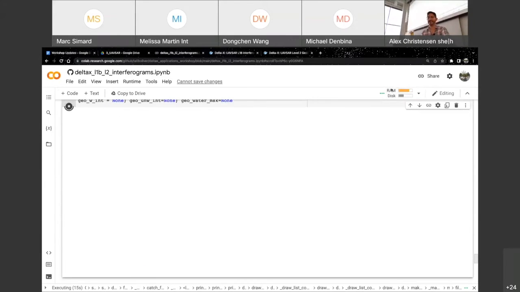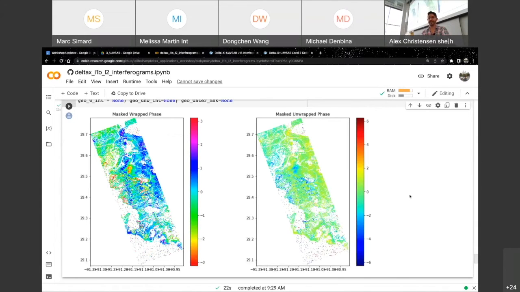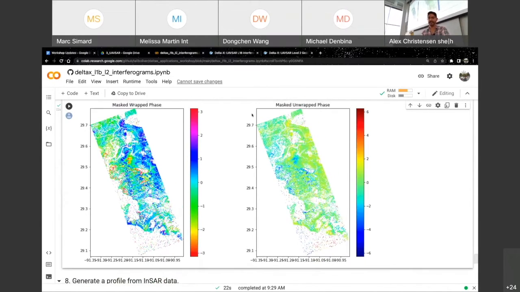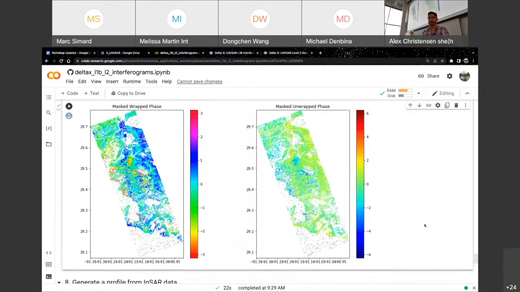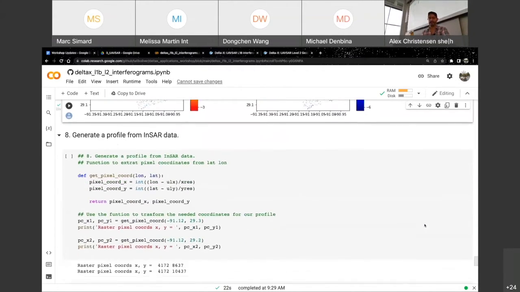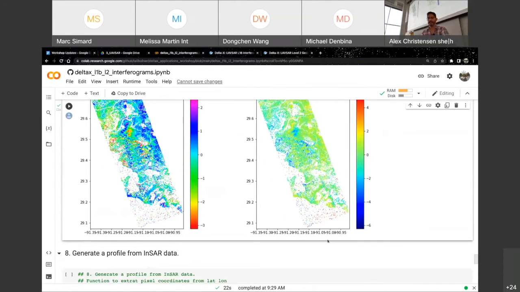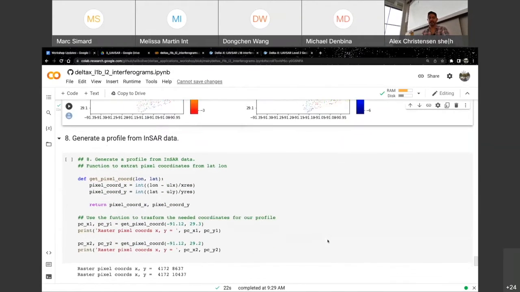You can see here, because the data is too large, the RAM is consuming quite some. So hopefully it doesn't crash for you, but if it does, don't worry. The figures are there. This is just to show that we mask the same way. Everything is exactly the same, just we now play around with pixel coordinates and latitude and longitude.